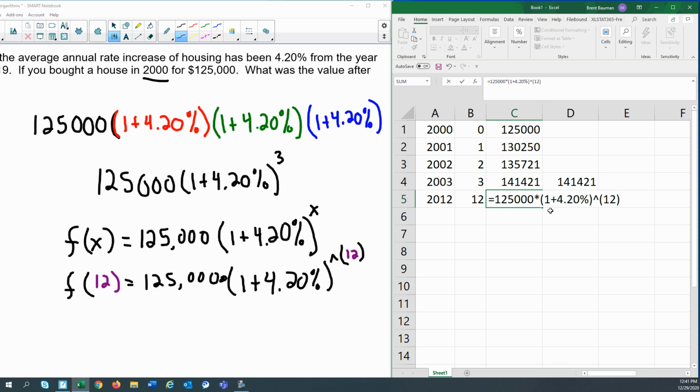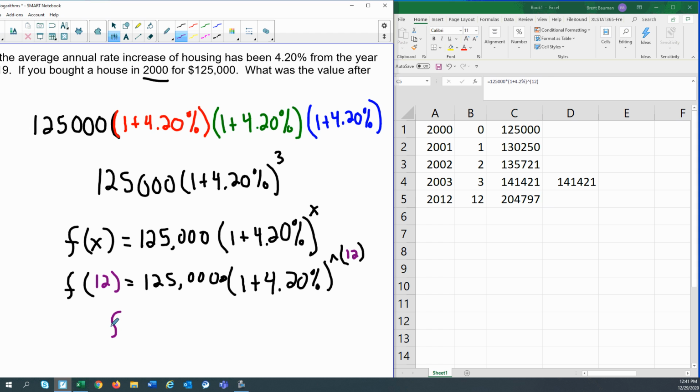Make sure we have it typed in correctly. Okay. So we're estimating that it's 204,797 is what we're saying the house will be worth after 12 years.